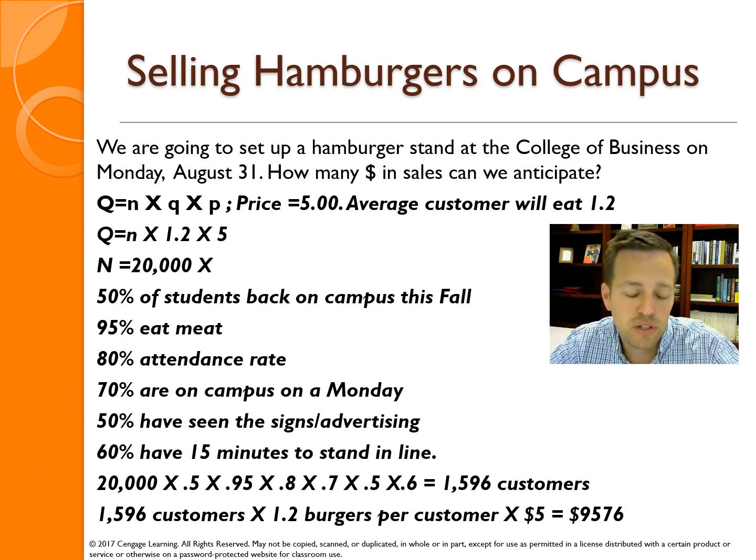So we do the math and we say 20,000 times 0.5 or 50% times 0.95 times 0.8 times 0.7 times 0.5 times 0.6. And if you do that, it comes out to 1,596 customers. And then multiply that by the 1.2 burgers per customer and the $5, and you get the grand total for the total amount of sales.